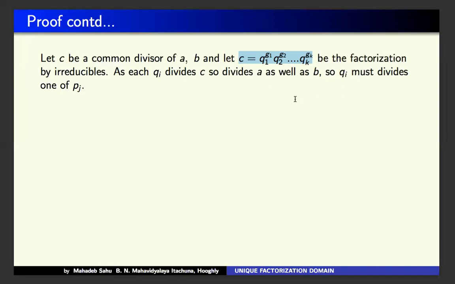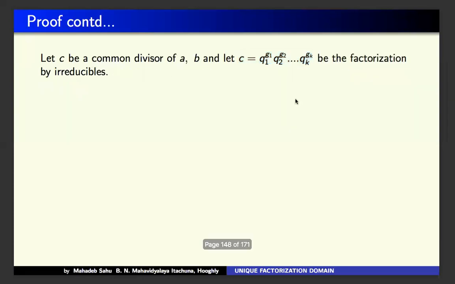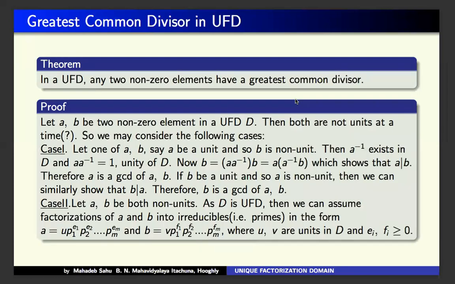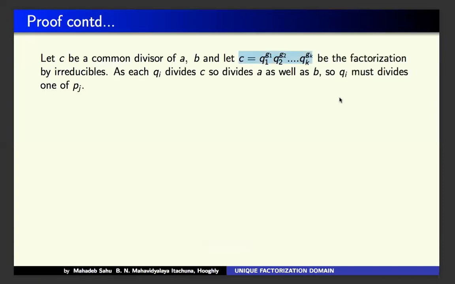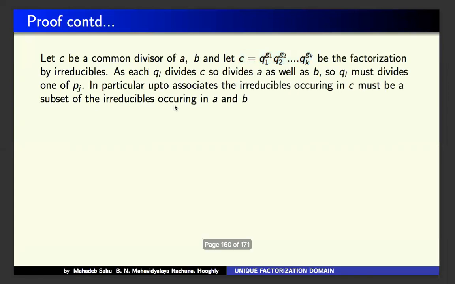That means each Qi divides A. That means it divides the sum of P1 up to Pa, so Qi must divide one of the Pj.